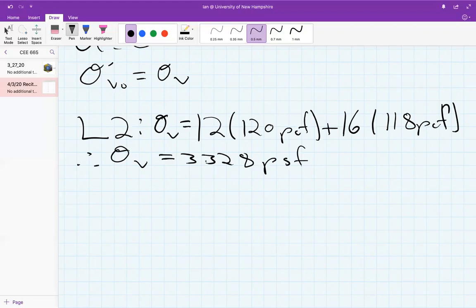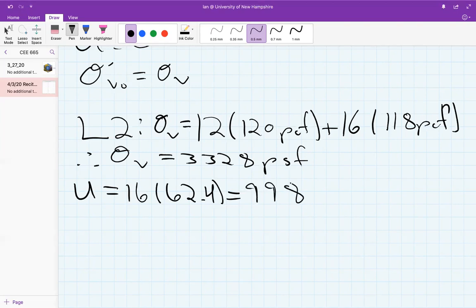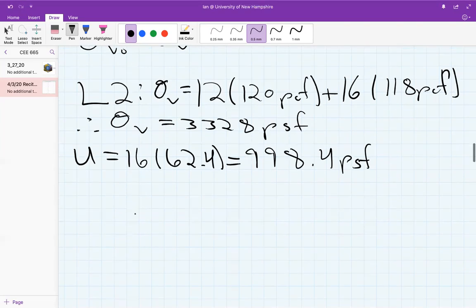Great. So now we're underneath the water table. So let's calculate that pore water pressure. So we got 16 times the unit weight of water, 62.4, which will give us 998.4 PSF.